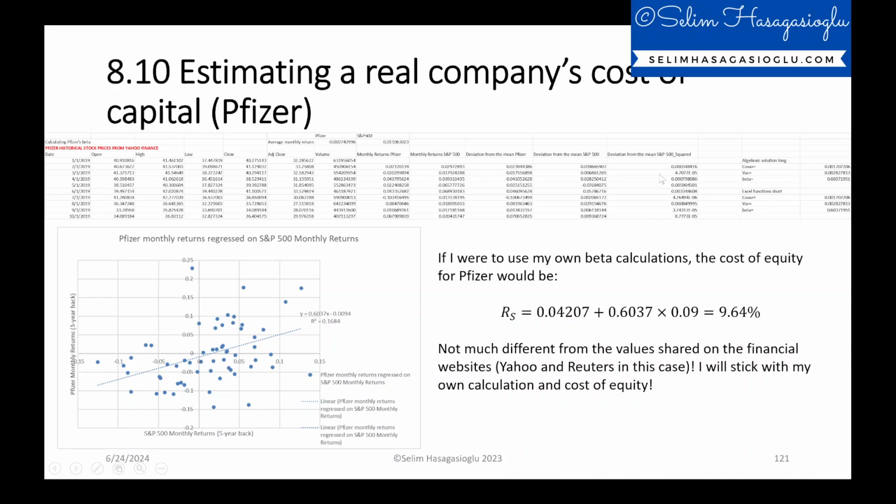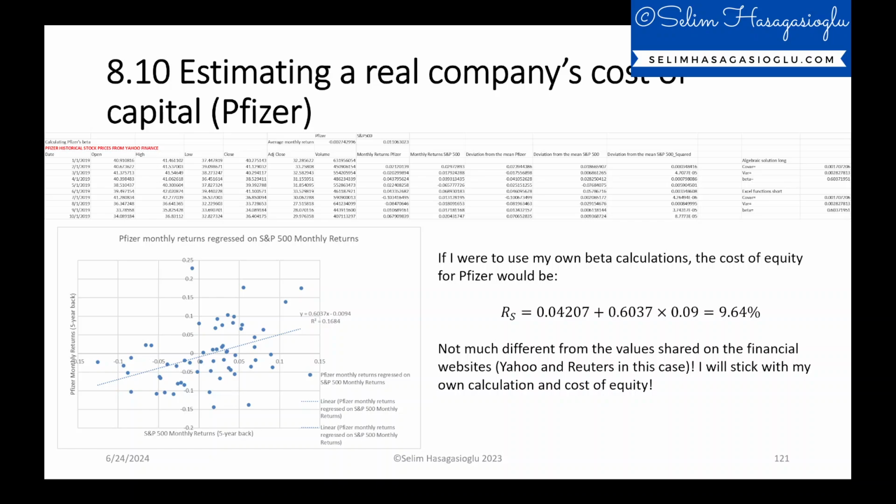So if I were to use my own beta calculation, the cost of equity for Pfizer will be again the risk-free rate, 4.207%, plus my beta, the beta I calculated in here, which is 0.6037. This is the same in each of these calculations, multiplied by the equity risk premium, which will be equal to 9.64%.